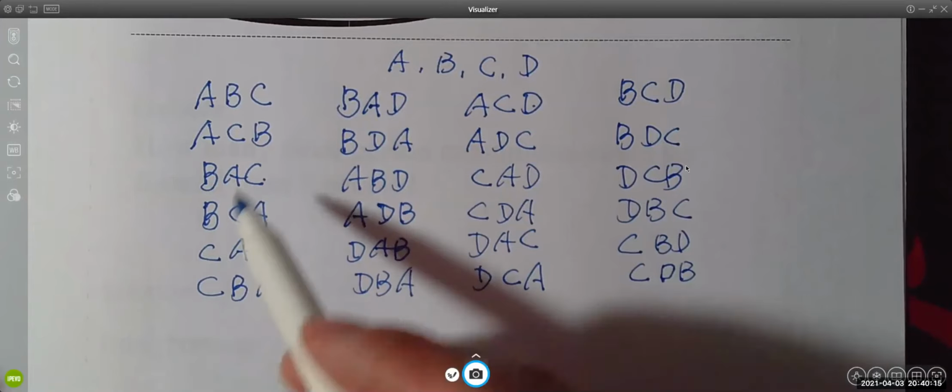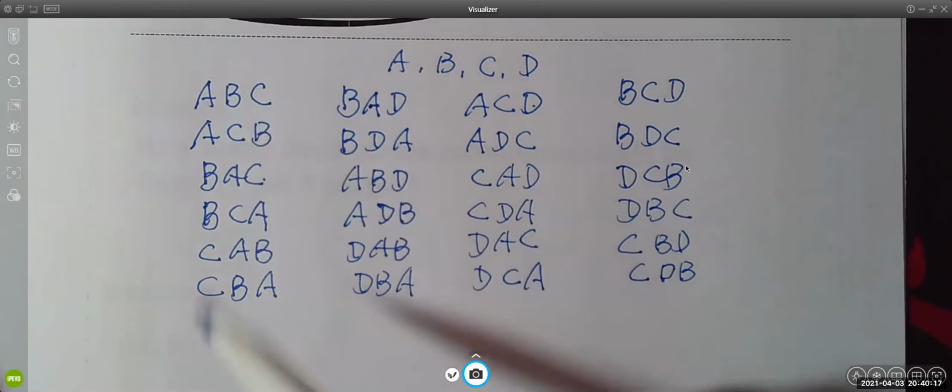Here order makes a difference in which these 3 letters are selected.